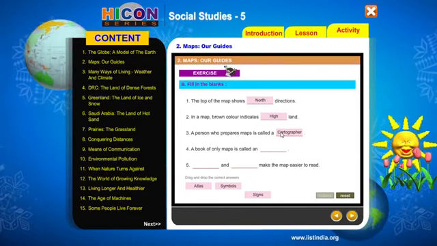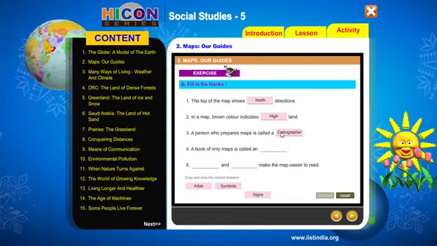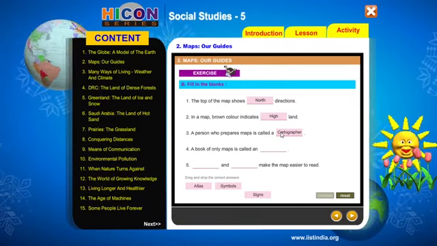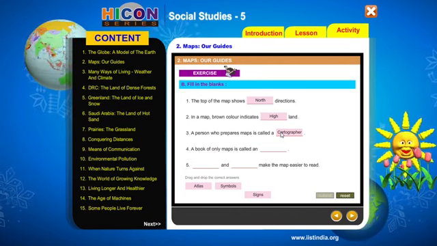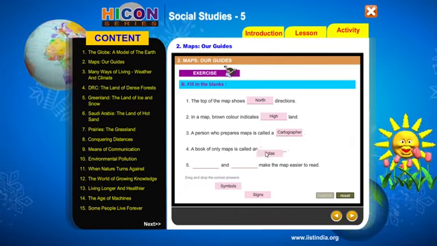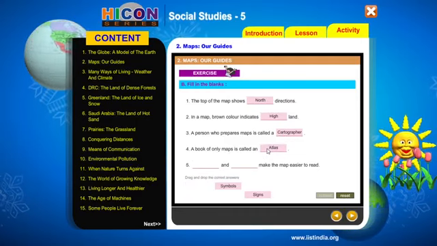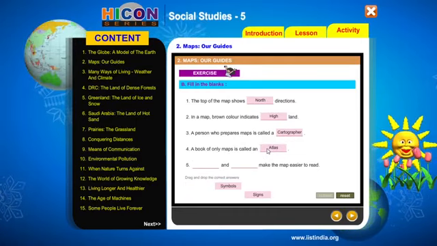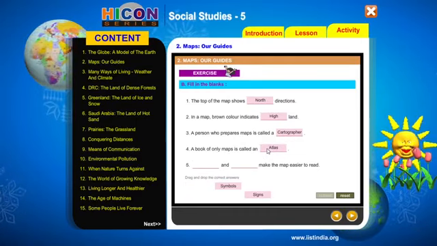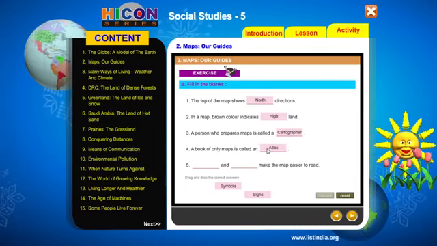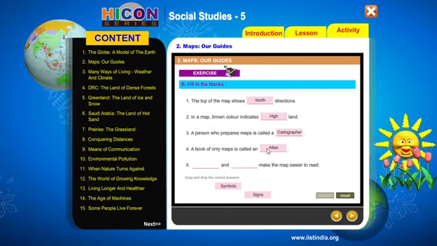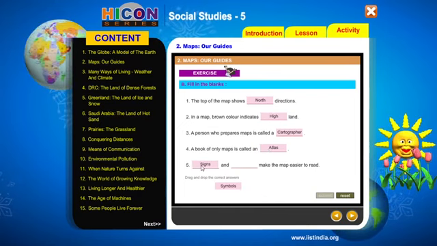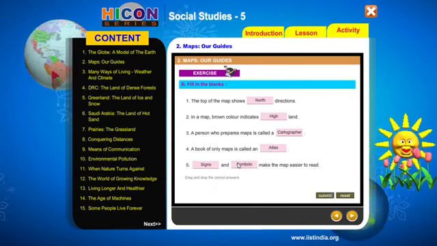A book of maps is called an atlas. Okay, an atlas is a book of maps. Dash and dash make the map easier to read. So what are the things that we use in a map to make it easier to read and understand? Signs and symbols, right?